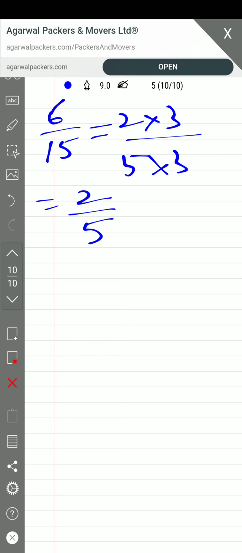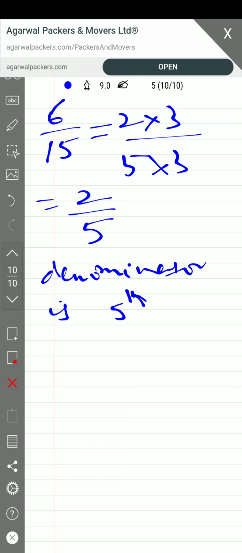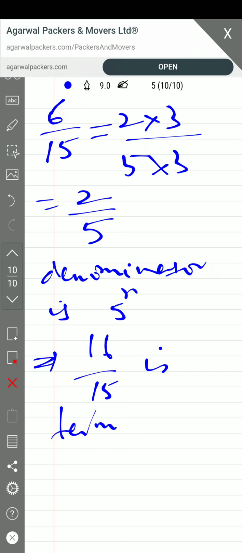So the denominator is of the 5 power n form. Hence the decimal expansion is terminating, because the denominator is of the form 5 power n.